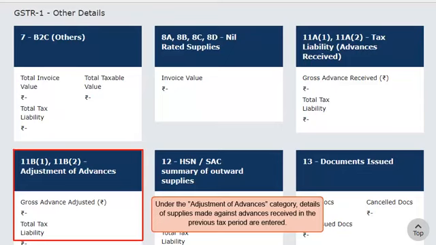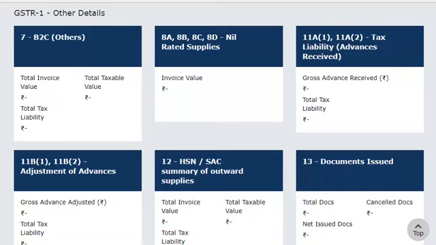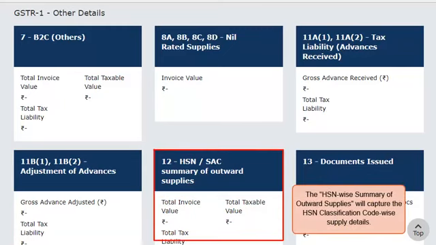Both the advance received and adjusted have to be reported with place of supply, that is, state code and rate wise. Next, the HSN-wise summary of outward supplies will capture the HSN classification code-wise supply details. This tile captures the total taxable value of each item supplied and each service provided in the given tax period.